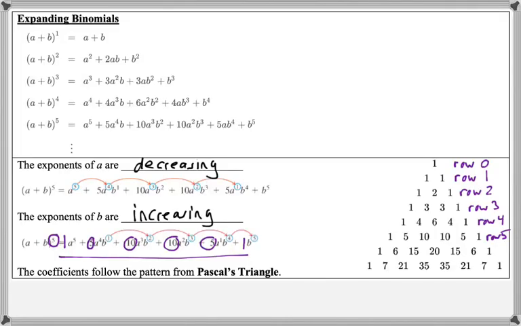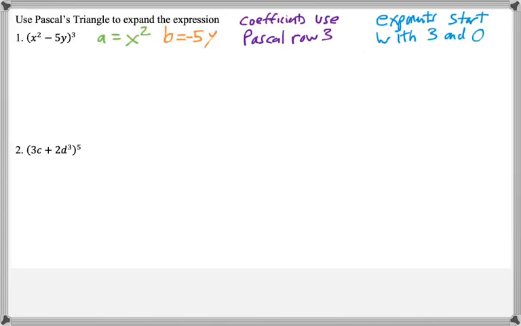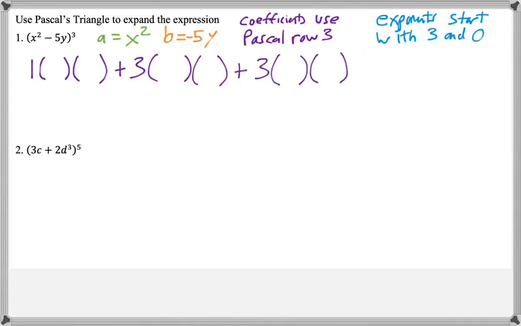So Pascal's triangle row 3 has the numbers 1, 3, 3, and 1. So that's 4 numbers, which means I'm going to have 4 terms. And with each term, I'm going to put 2 parentheses. One's going to be for A, and one's going to be for B. So these are my 4 numbers from Pascal's triangle row 3.